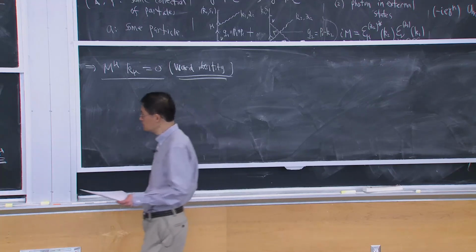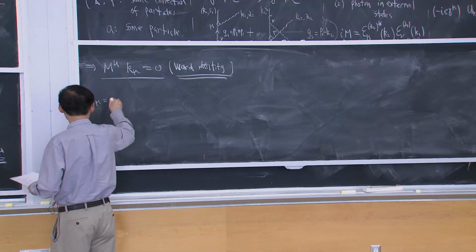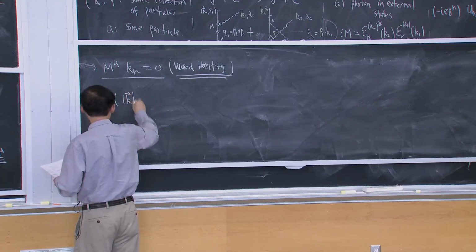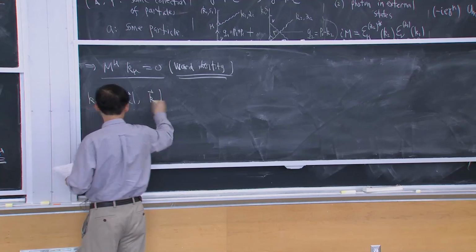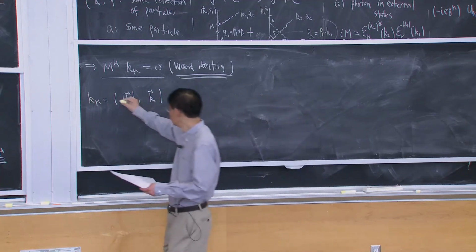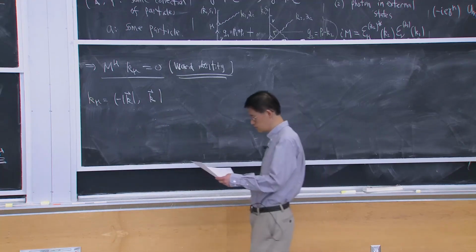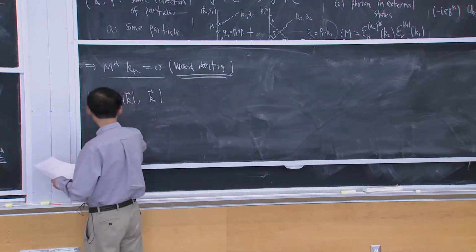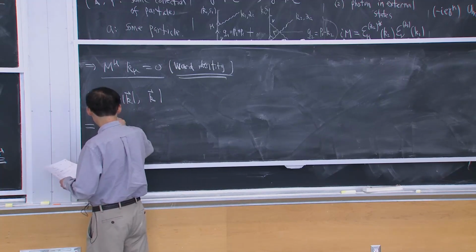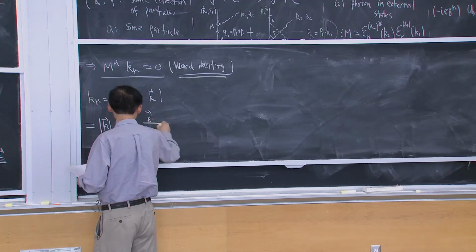So now remember k mu, this is an on-shell external state. If I take a factor k out, this is given by minus 1, and then k, and k.